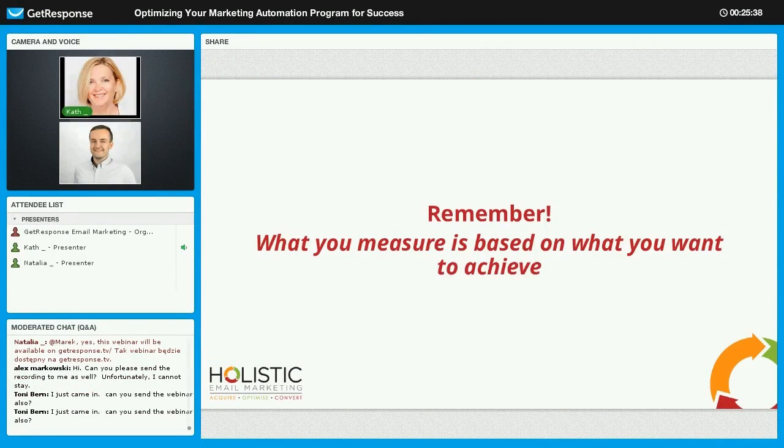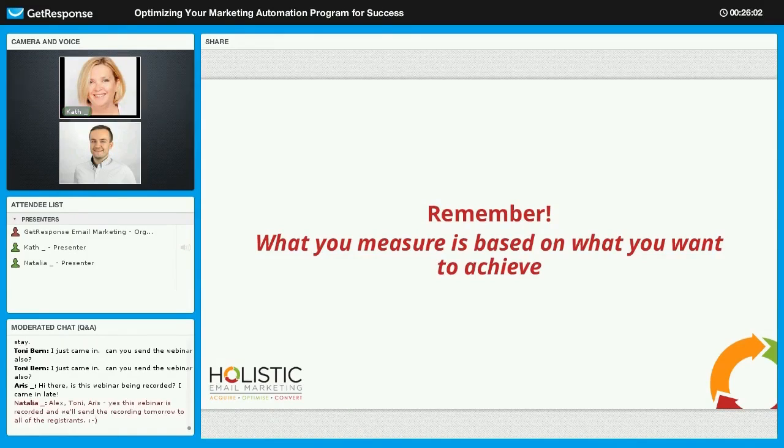Now, one of the key things too is often when we're testing, we tend to use a metric which is kind of logical more than an actual true success metric. So one of the things you have to remember is that what you measure is based upon what you want to achieve, i.e. we're mapping back to the objective again.